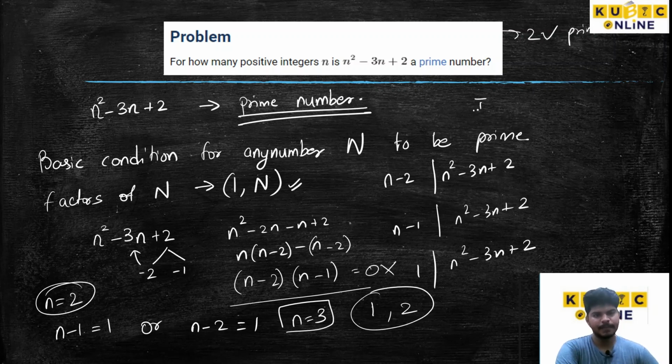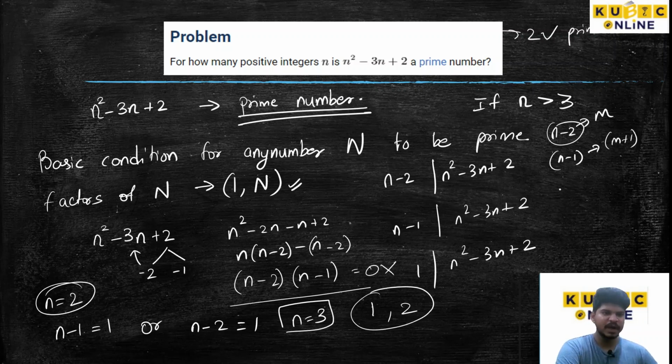Now if n is greater than 3, what will happen? n minus 2 will be some number, let's say m. n minus 1 will be another number, which is m plus 1.